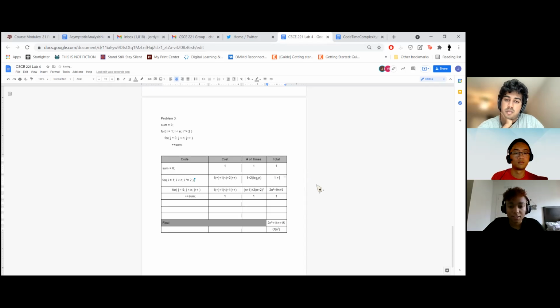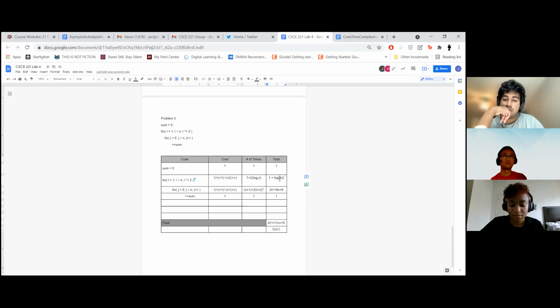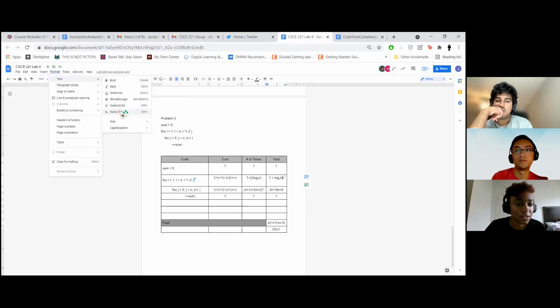So, oh, I get log 2 to the power of 2. Oh, wait. All right, I guess that formatting doesn't work.